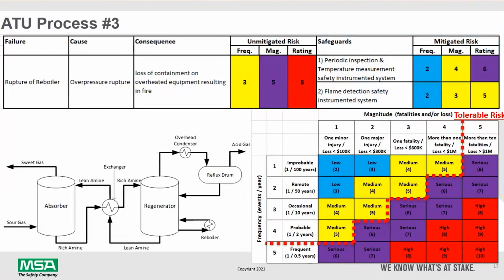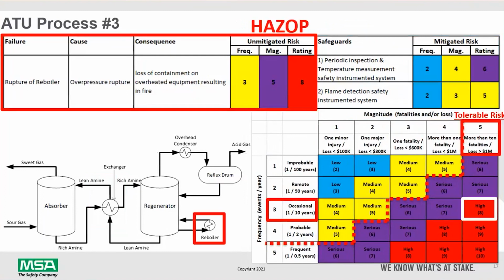So in a third case study, let's take a look at the reboiler. So maybe we have an overpressure in the reboiler and it causes a fire. So the unmitigated risk rating there, again, is very high and something that is intolerable from the facility stakeholders.